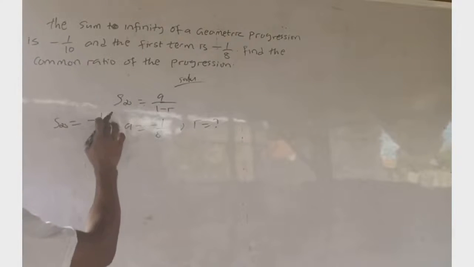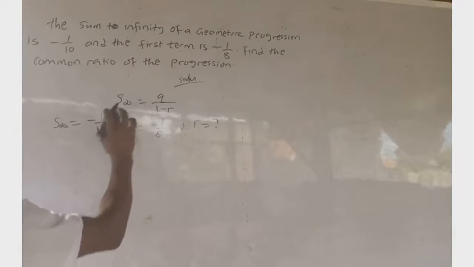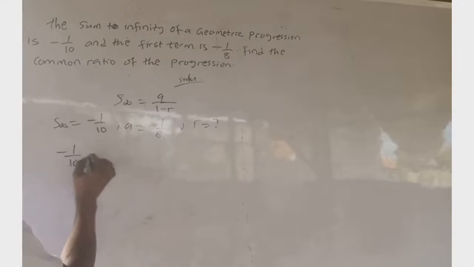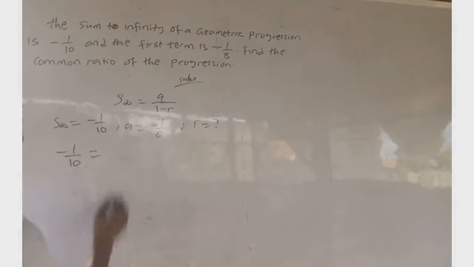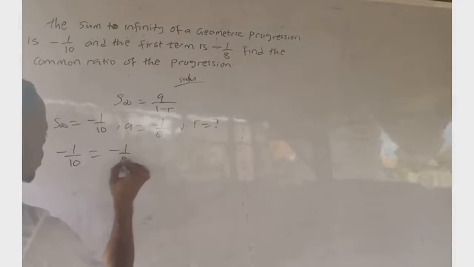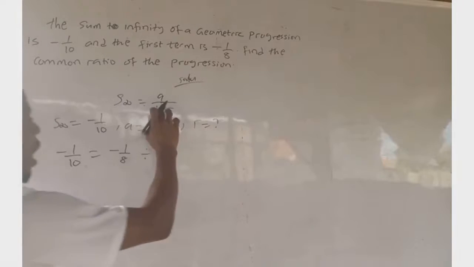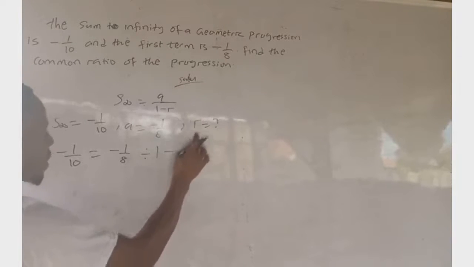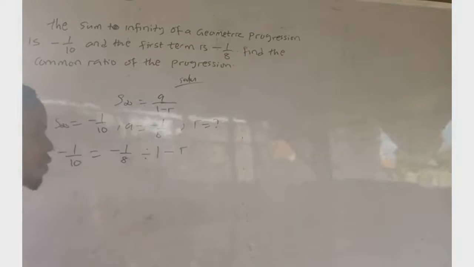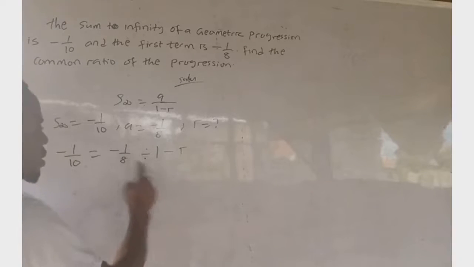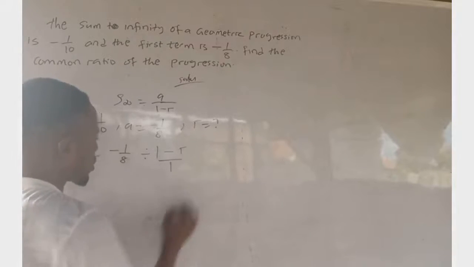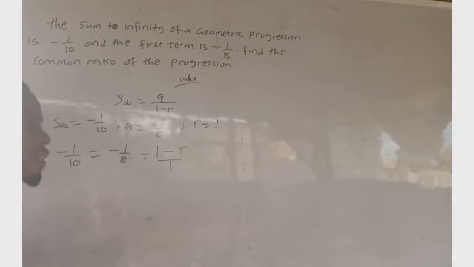So the sum to infinity, minus 1 over 10, is equal to a, which is minus 1 over 8, divided by 1 minus our common ratio r. Since this is in fraction, we make the 1 minus r also a fraction.